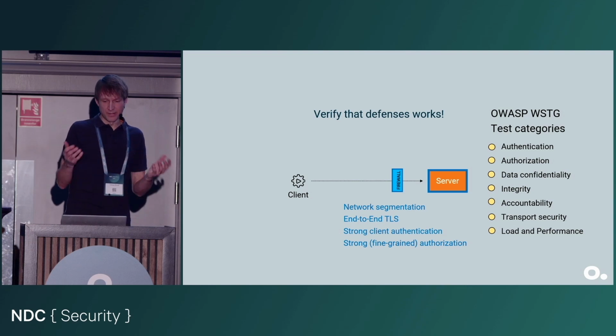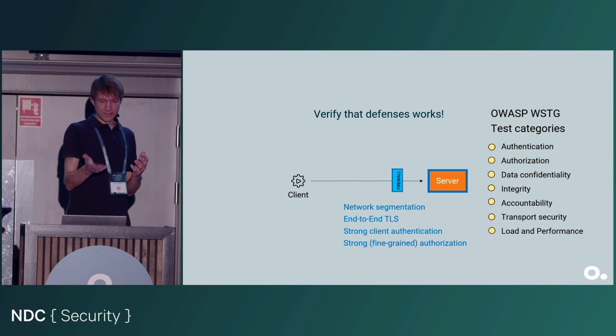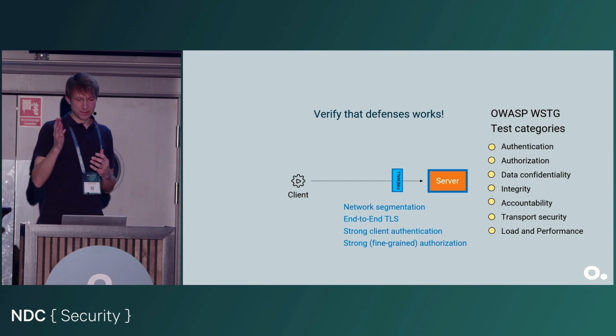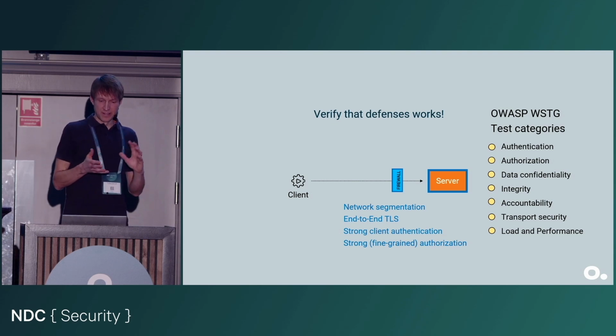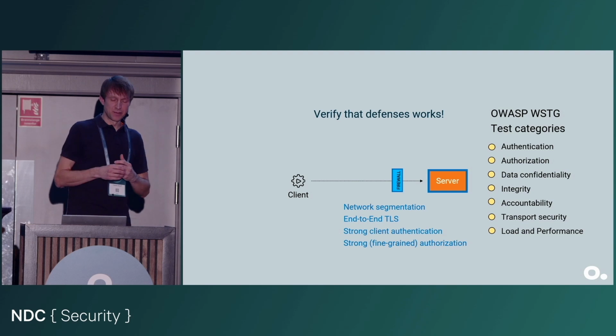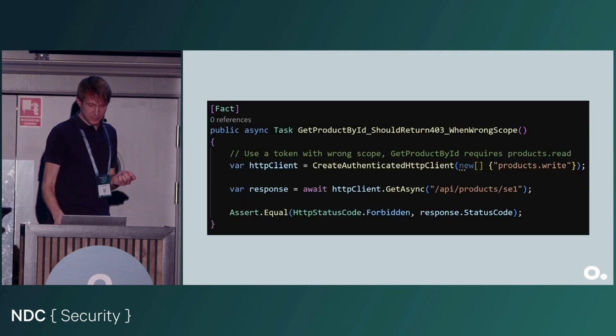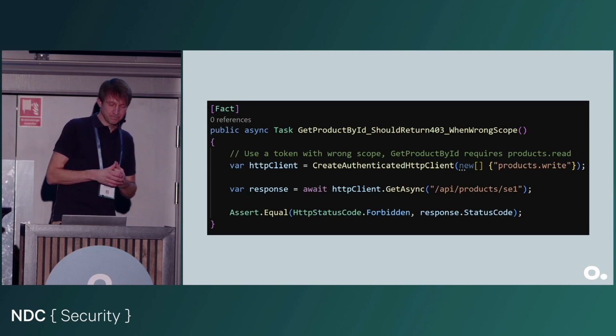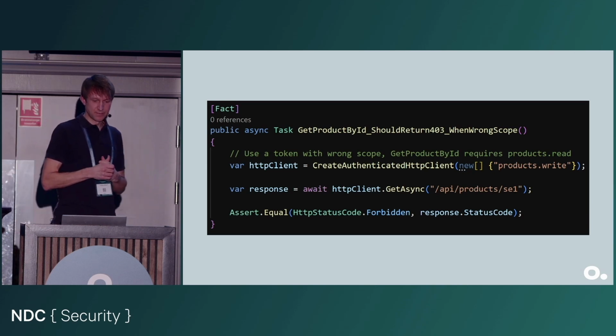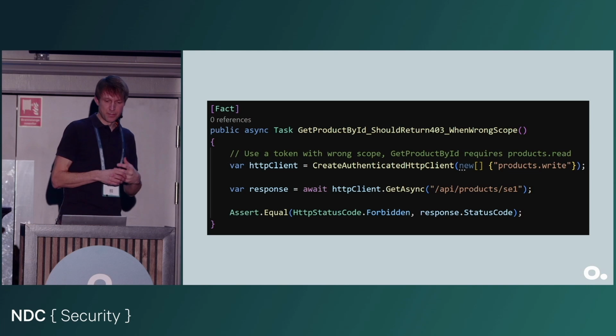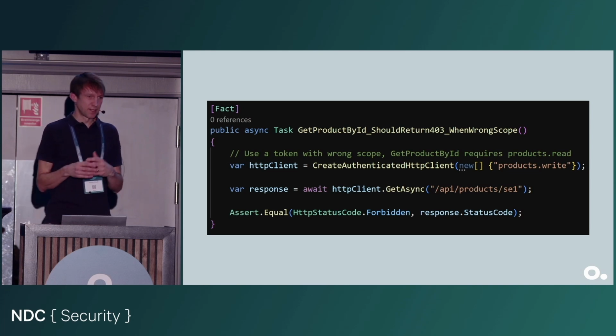And a lot of the time those kinds of tests, the test categories here, that's from the OWASP Web Security Testing Guide, are really missing. I want to show a good example of one kind of test that is easy to do. It is the so-called negative test case, that we should return forbidden if we don't have the correct scope.